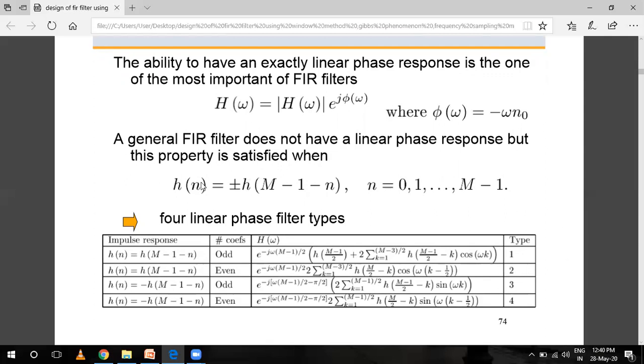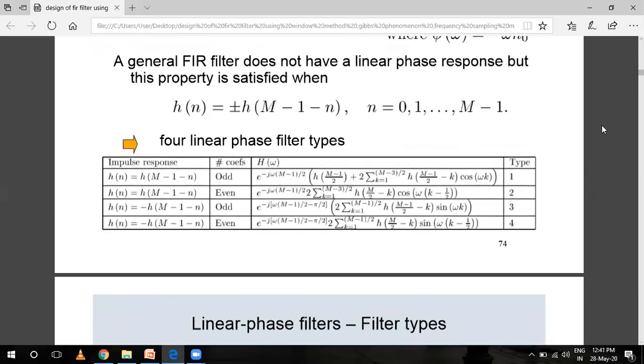The general condition is the formula on the screen: a general FIR filter does not have a linear phase response, but this property is satisfied for n equals 0, 1 up to M minus 1. There are 4 linear phase filter types: type 1, type 2, type 3 and type 4.